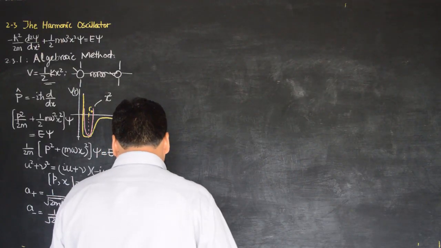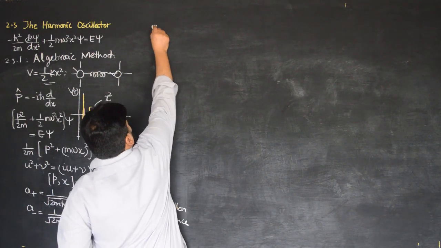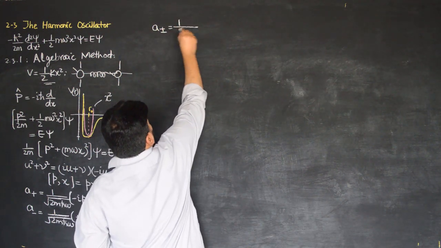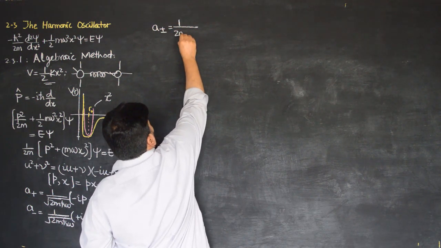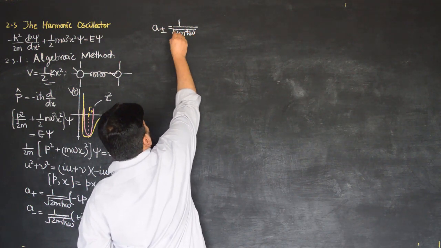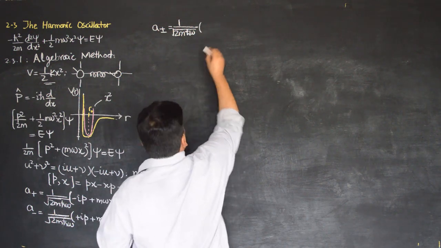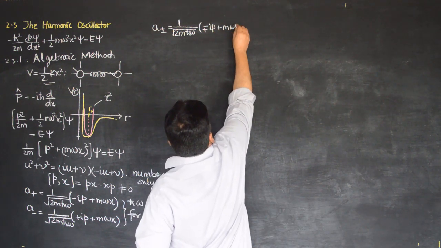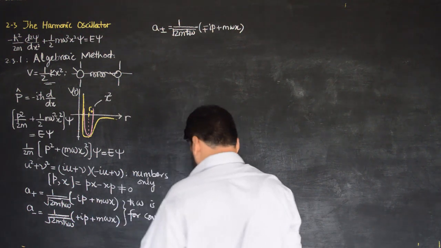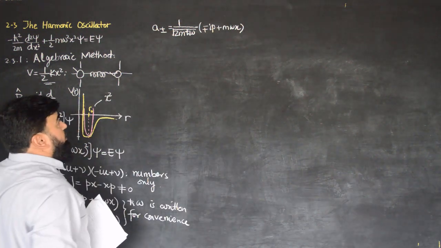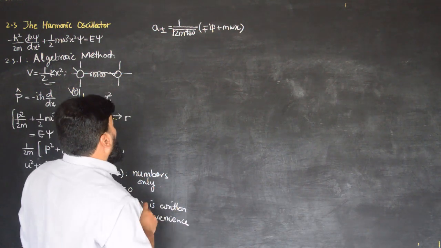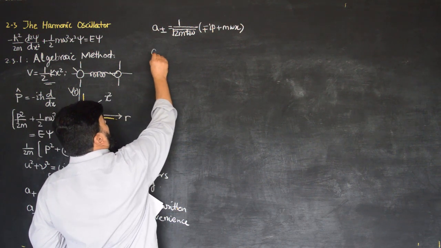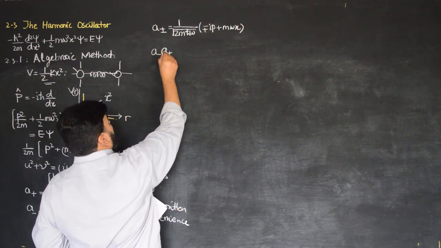So I can write them in a compact form: a plus and minus is equal to 1 over root 2m h bar omega, and here I write minus and plus ip plus m omega x. Now the very first thing that I want to calculate is what will be the product of a minus with a plus.